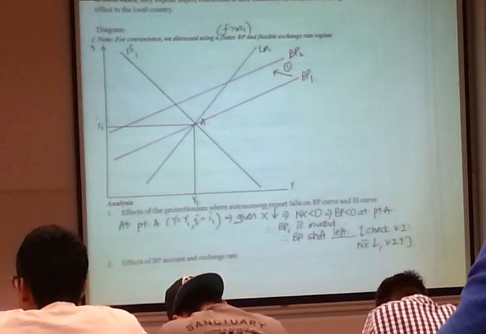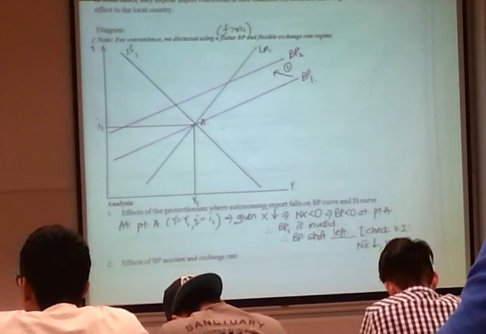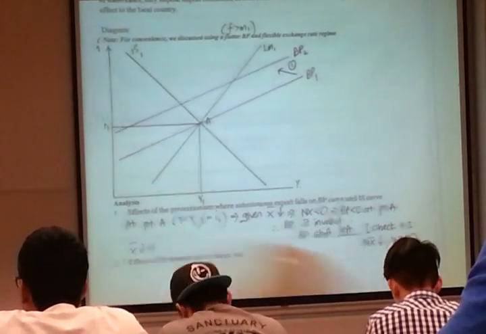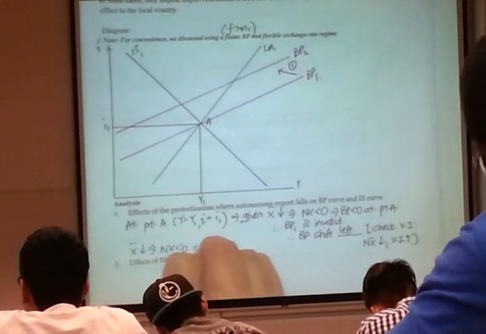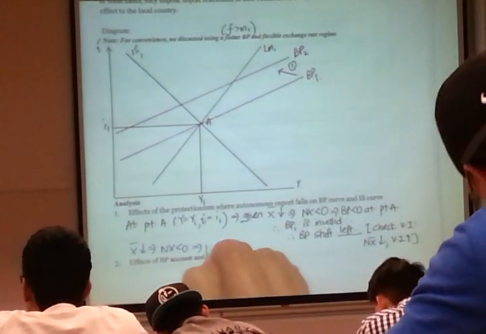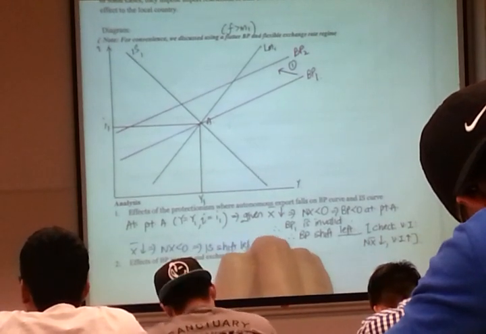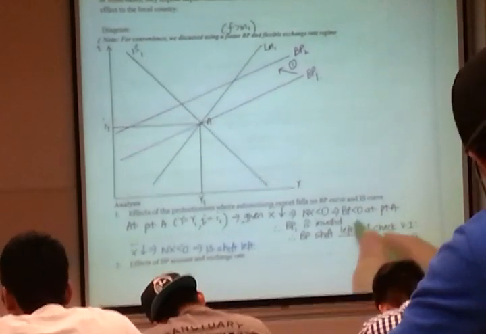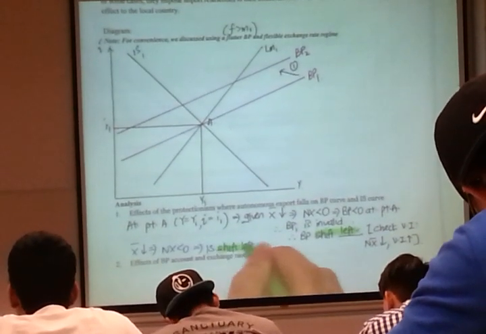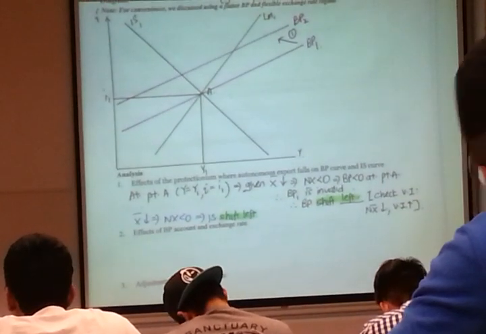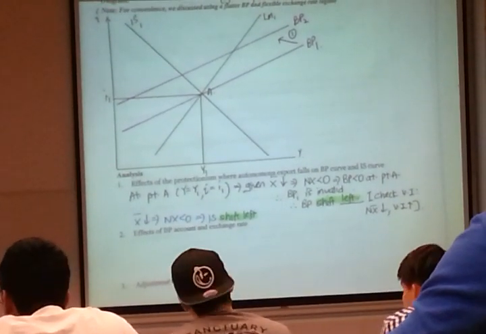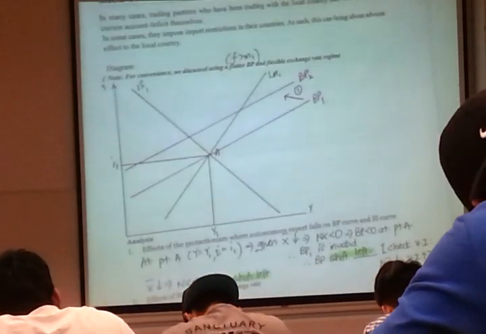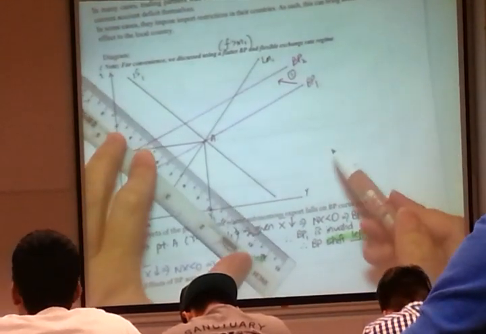How do you know whether your BP shifted correctly or not? You also know that as X bar drops, NX is negative. It's not immediate, but over time the IS will also shift left. So you can double check: your BP will shift left, and the IS will shift left. This is the second curve we're going to shift. Again, don't care about the BP.